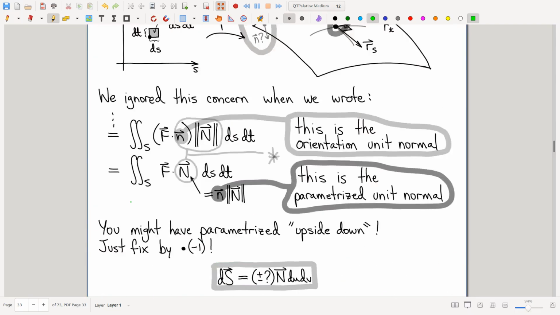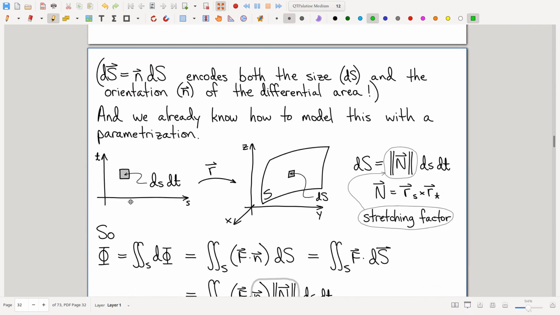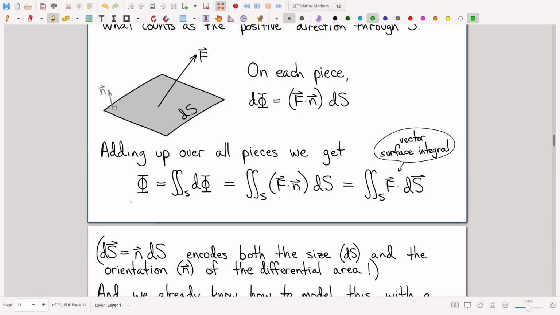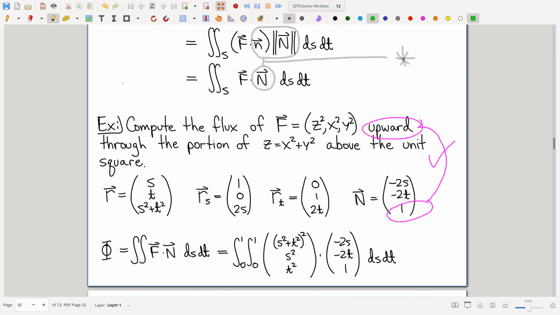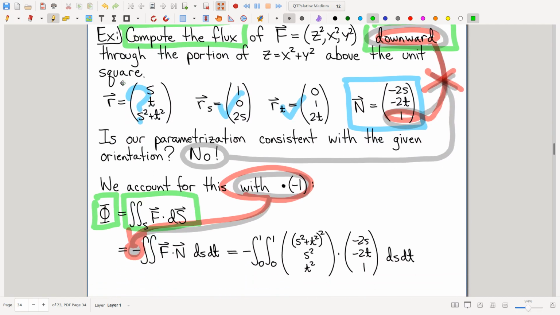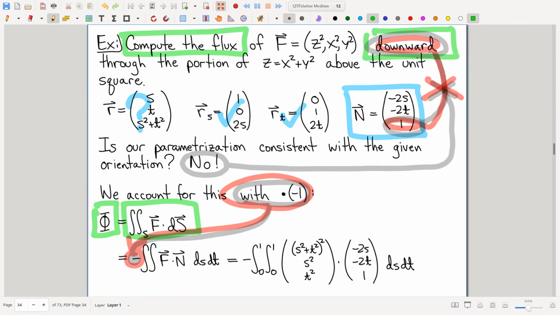DS also tracks with the given orientation. Let me just remind you, going back to here. The DS vector, the orientation is the given surface orientation. This next line is the one that depends on the parameterization.